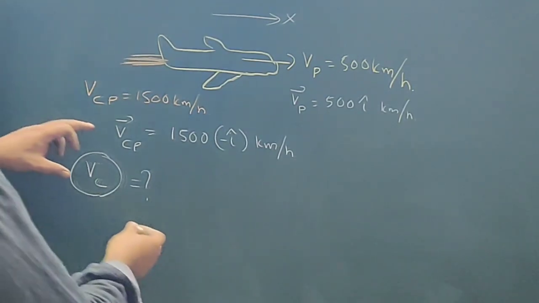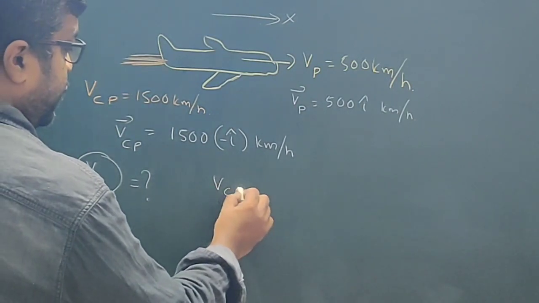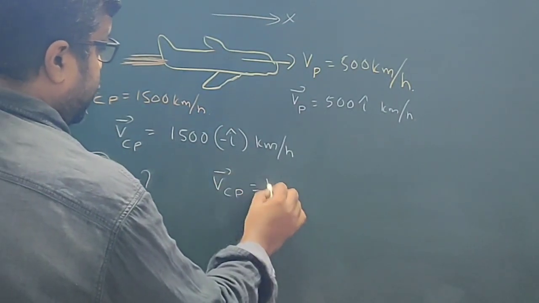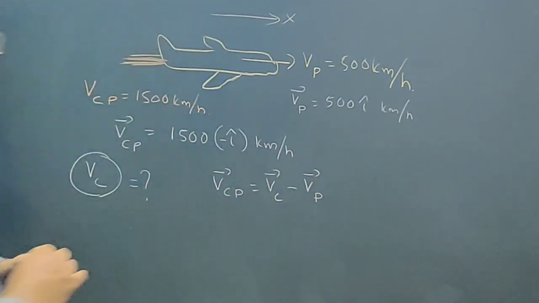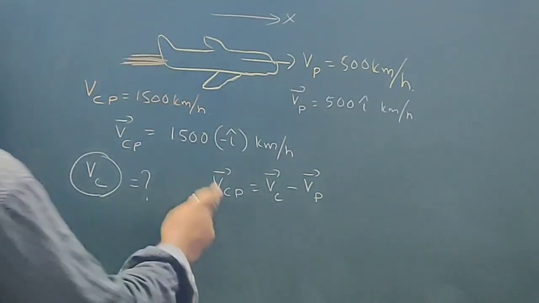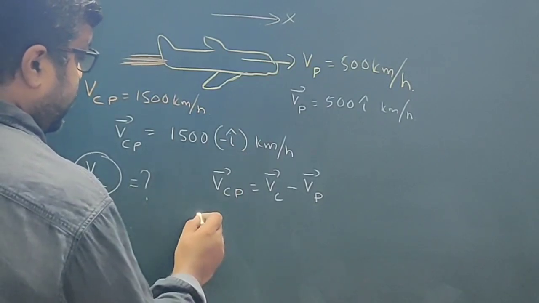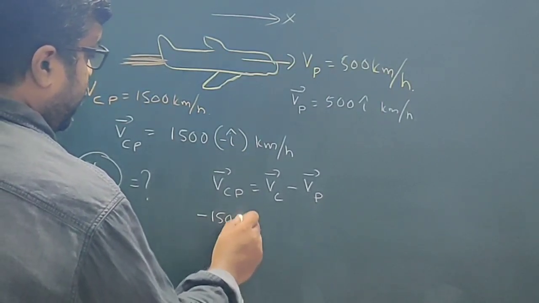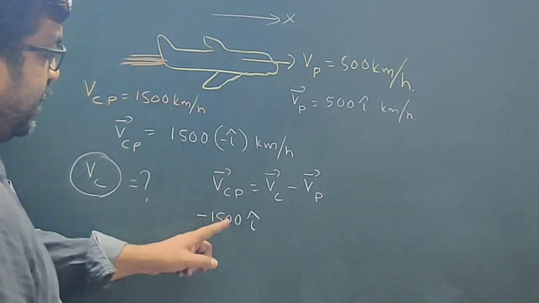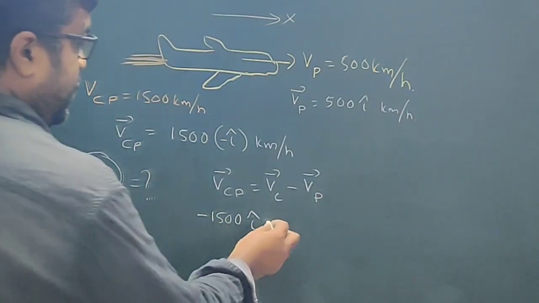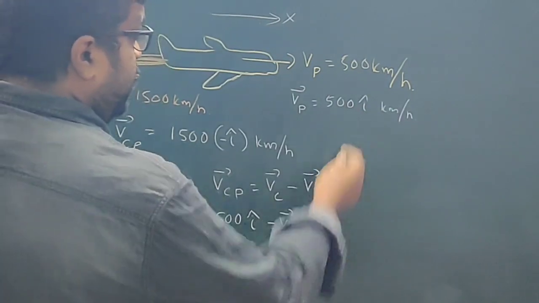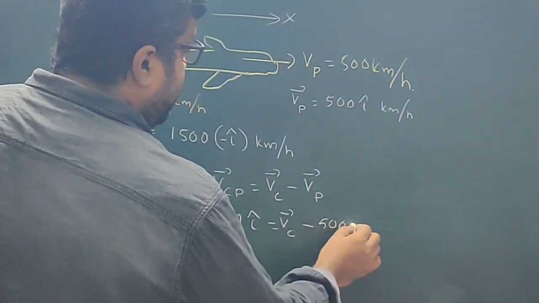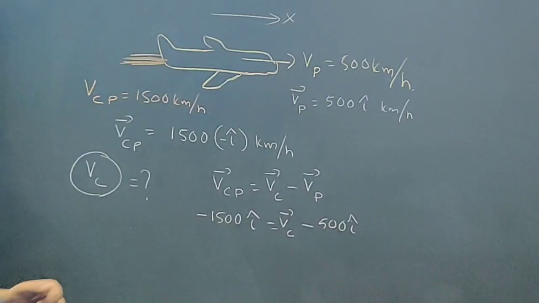Now see, Vcp is Vc minus Vp. Correct? Now Vcp is this quantity, so I will write this as minus 1500 i cap is equal to Vc minus Vp, so that is 500 i cap.